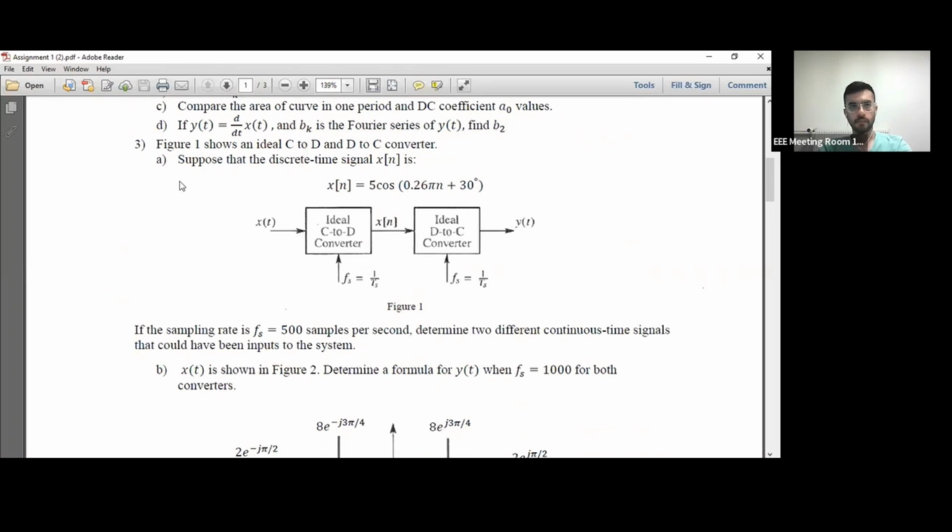Number 3. We have an ideal C to D and D to C converter. So this is the image that we have. Suppose that the discrete time signal x of n is this.